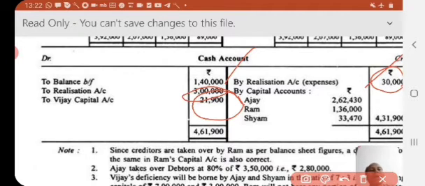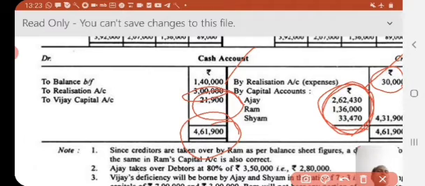So the total is 4,61,000. So the remaining is paid to these partners: 2,62,430, 1,36,000, 33,470.